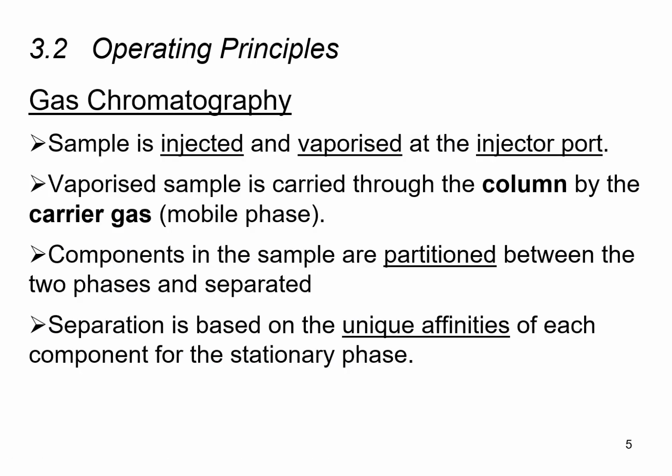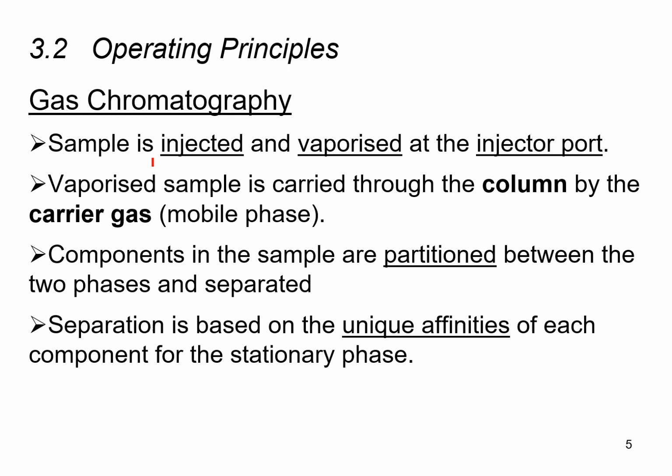Now, when we perform gas chromatography, it's actually quite a simple concept. We take the sample, which is typically in liquid form, and this sample is directly injected into the injector port. So the moment it is injected into the injector port, it is converted from a liquid phase into a gaseous form, right?